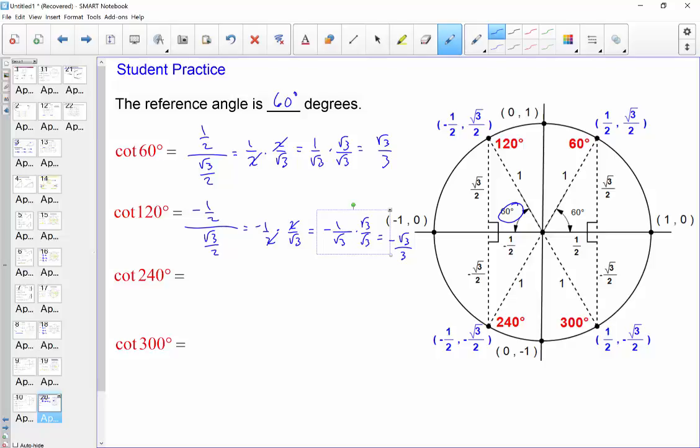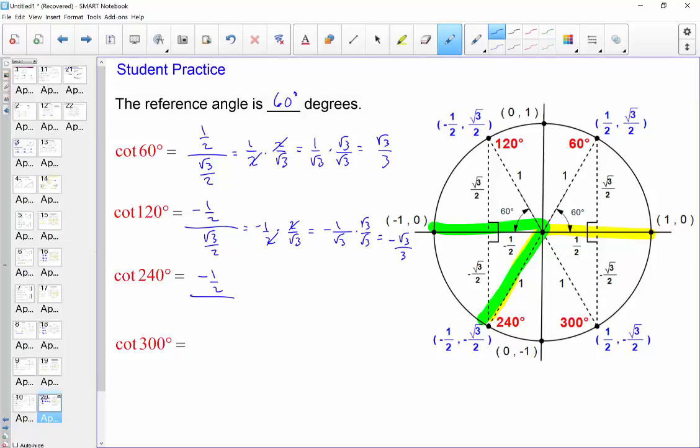Next, we've got 240 degrees. Erase that and evaluate 240 degrees here, with our reference angle here. So the cotangent of 240 using a 60-degree reference angle, the adjacent side is negative 1/2.